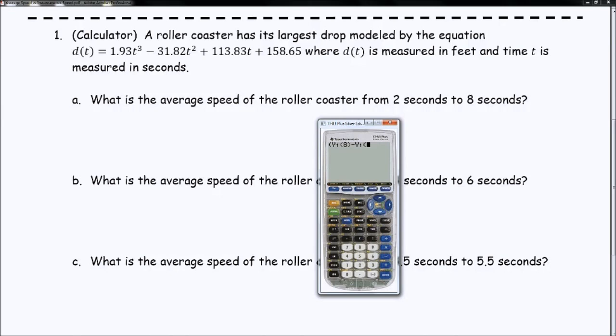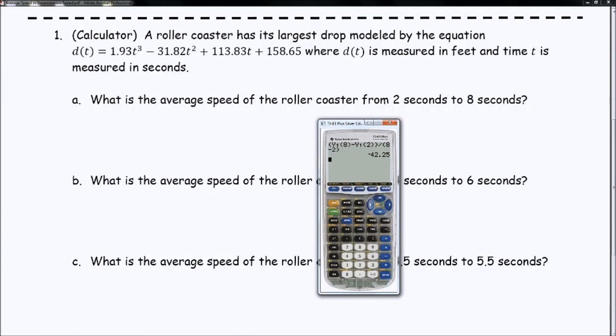I'm plugging in my f of 2 or d of 2, close parentheses, and then I'm dividing that by my x points, so 8 minus 2. So what this reads really is y2 minus y1 over x2 minus x1, and we hit enter.